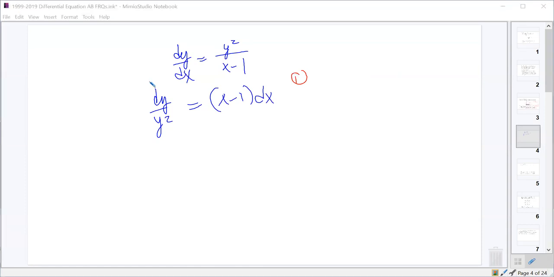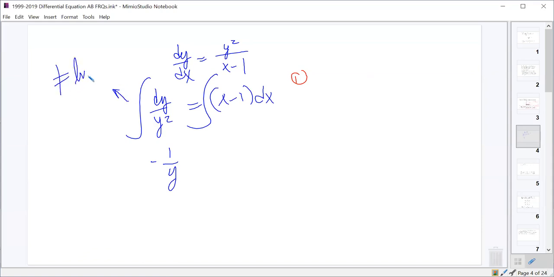You get 2 points for this one if you were able to get both antiderivatives correct. So this is just the integral of y to the -2, which is -1 over y. This does not equal the natural log of the absolute value of y squared. This is a very common mistake, right?